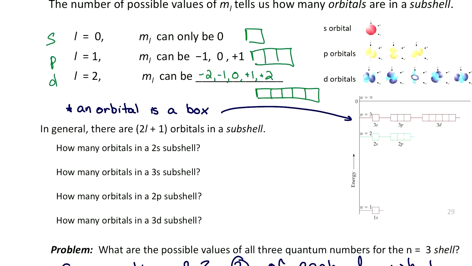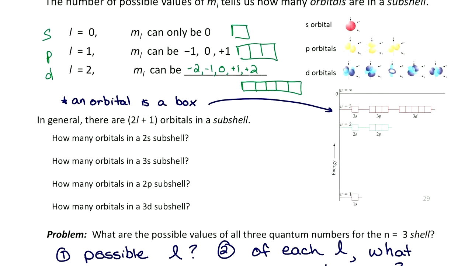So let's do these problems. How many orbitals, or in theory, how many boxes, are in a 2s orbital? Just 1, because for an s orbital, L equals 0, and so our only possible ml is 0. How many orbitals are in a 3s subshell?